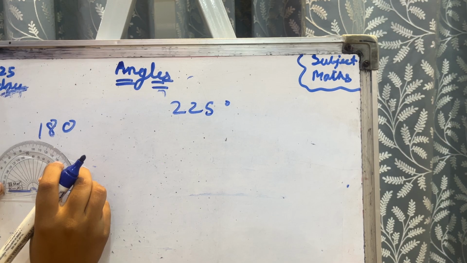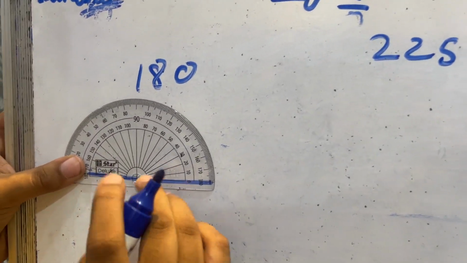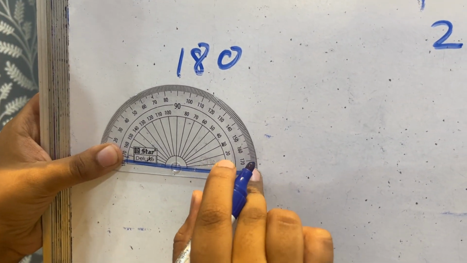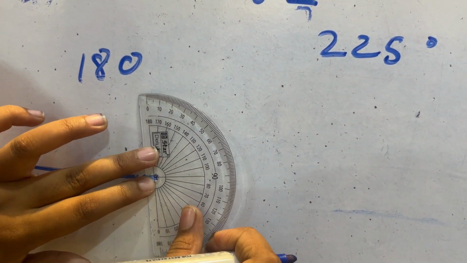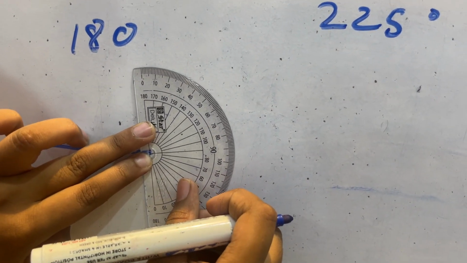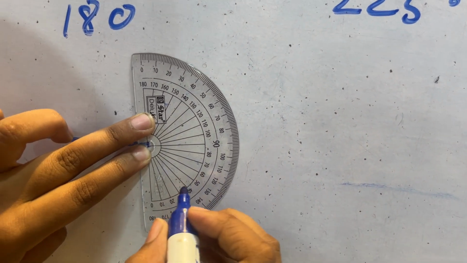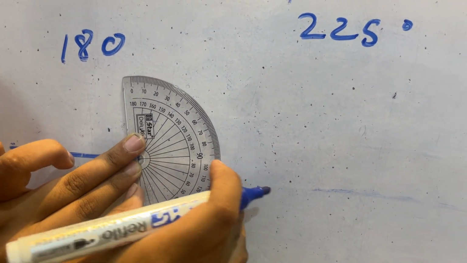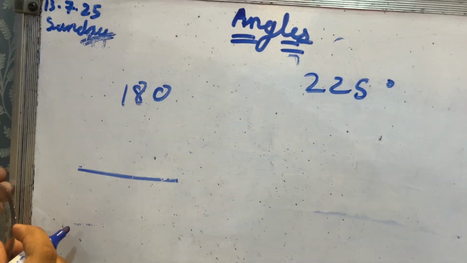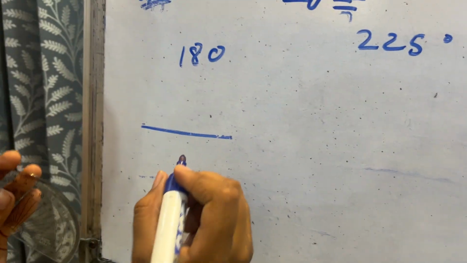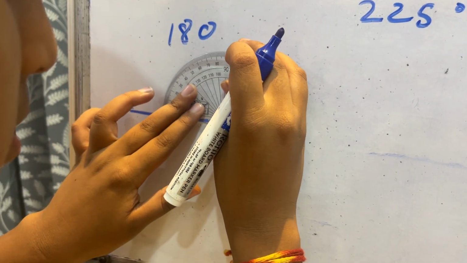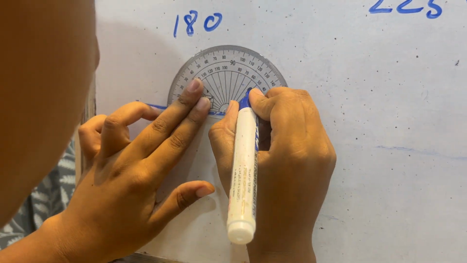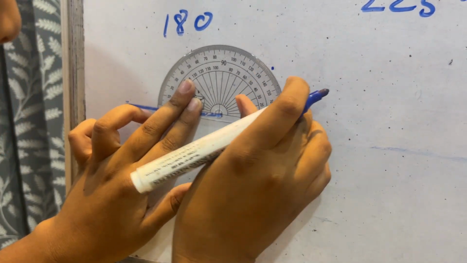So it's 180 degree. Then we have to add more. How many were left? 45 degree. So we will add 45 now. 180 plus 45.